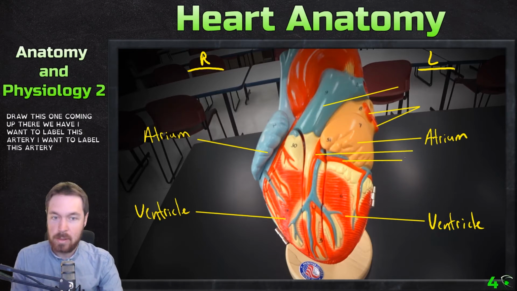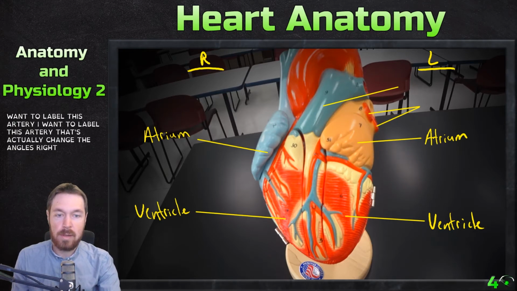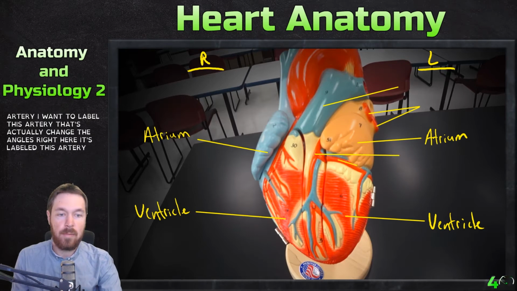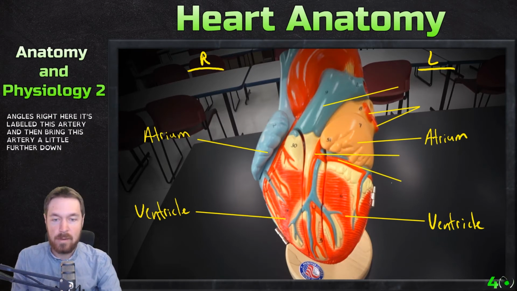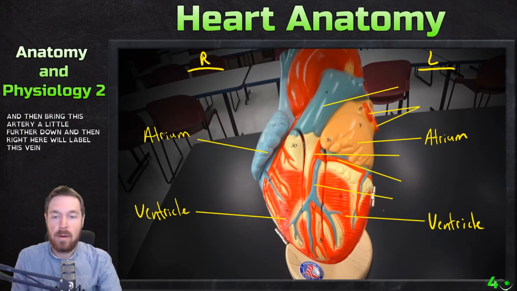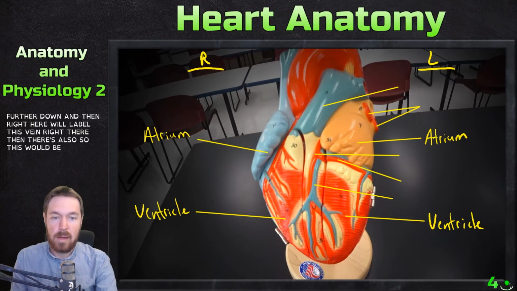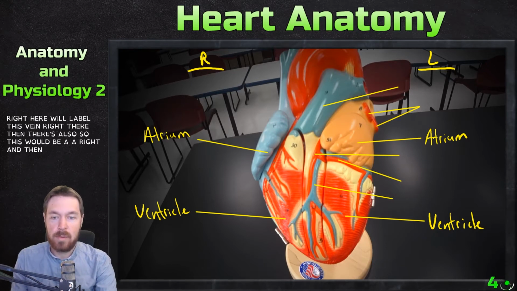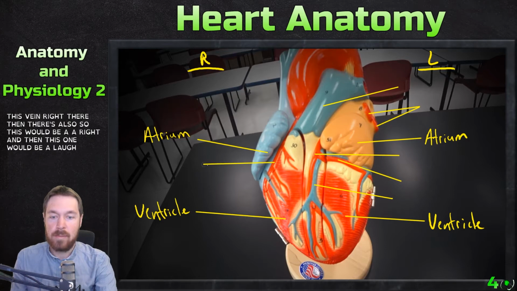Let's actually change the angles right here. Let's label this artery and then bring this artery a little further down. And then right here, we'll label this vein. So this would be a right, and then this one would be a left.